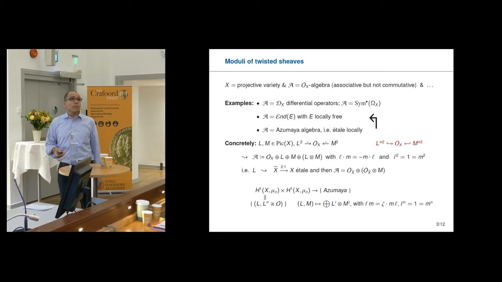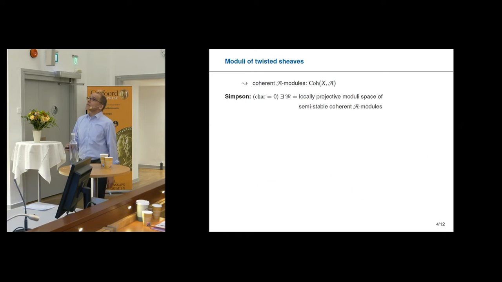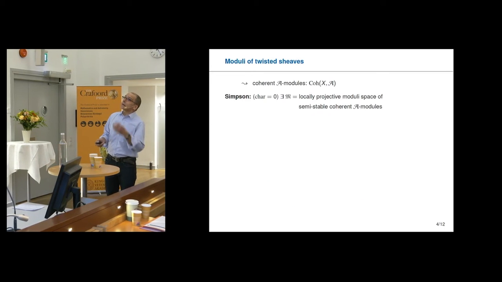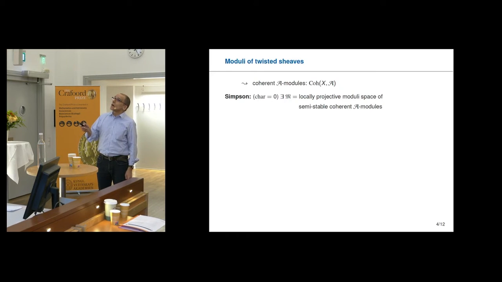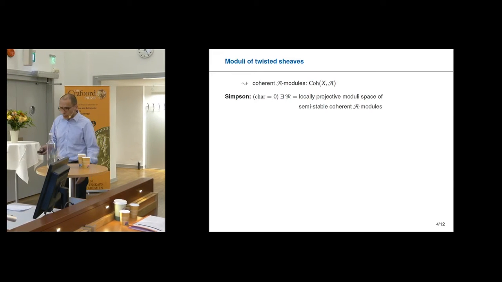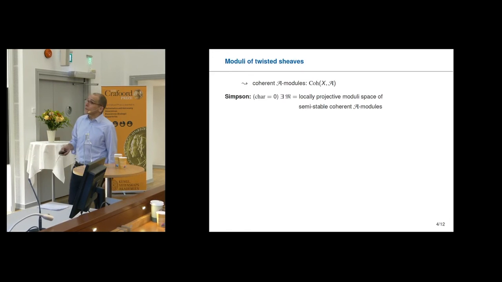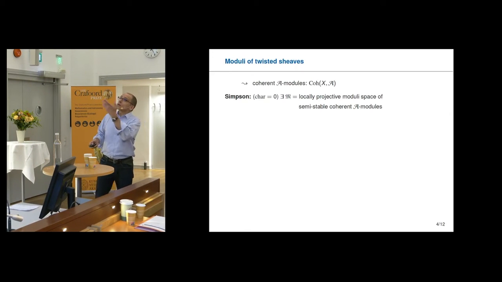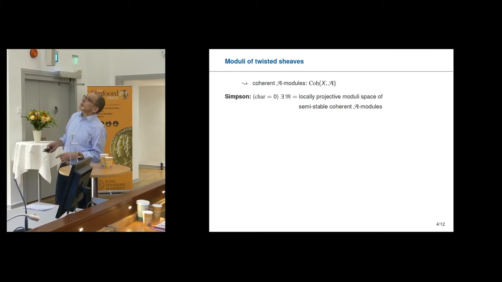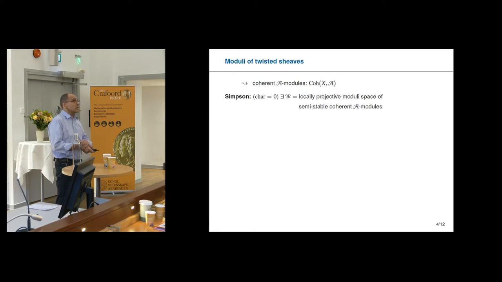Okay. So now, suppose you're given your non-commutative variety, a projective variety with a sheaf of OX algebras. Then you can, as before, look at the abelian category of coherent sheaves that also have a structure of a module. And then Simpson, at least in characteristic 0, constructed the locally projective moduli space of semi-stable coherent AX modules.